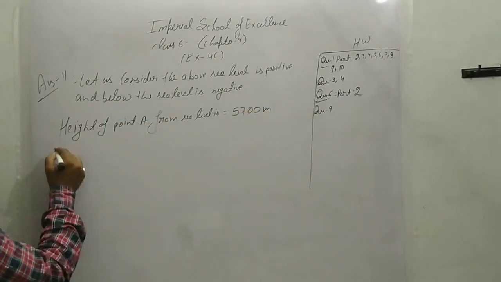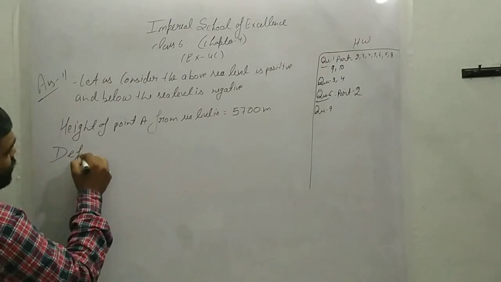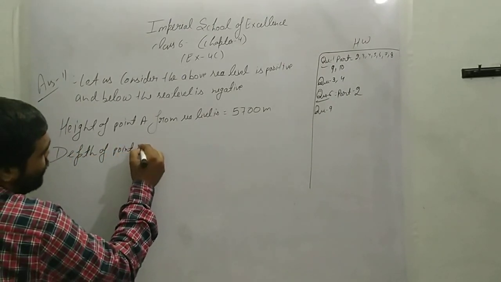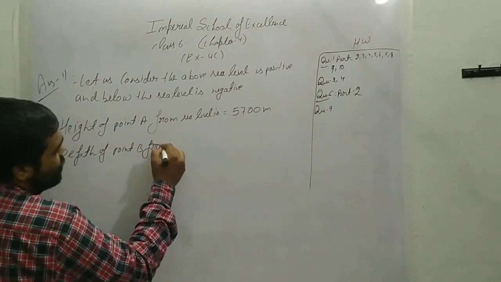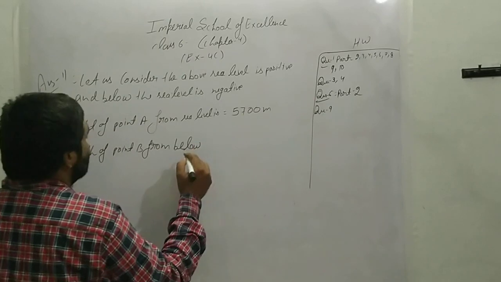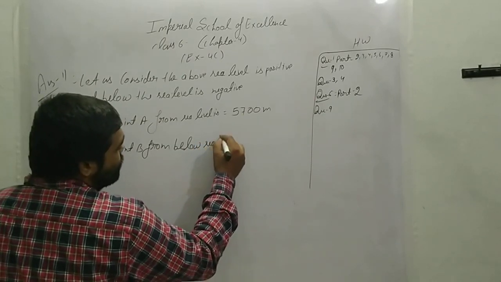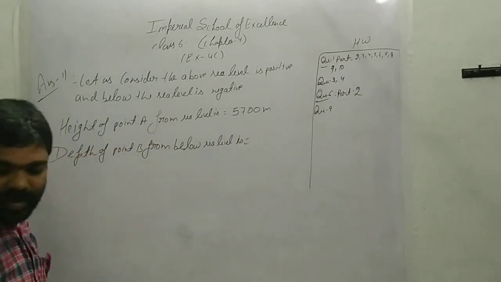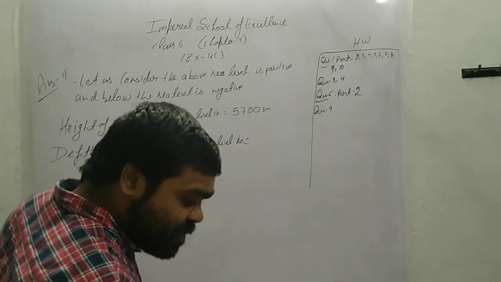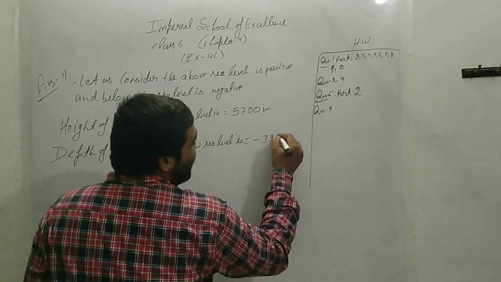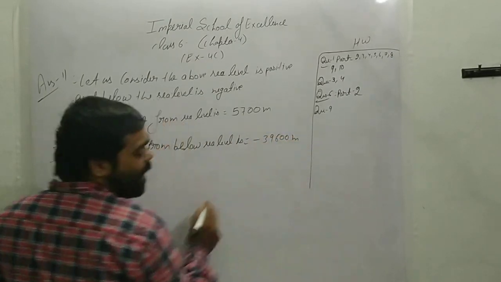Now depth of point B from below sea level is also given, it is 39,600, and below we have to consider minus 39,600 meter.